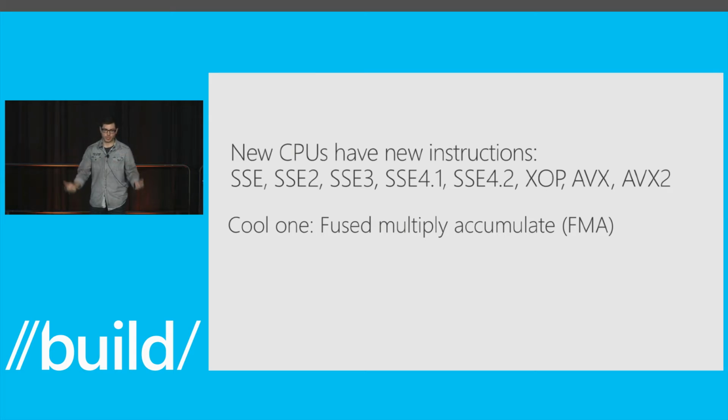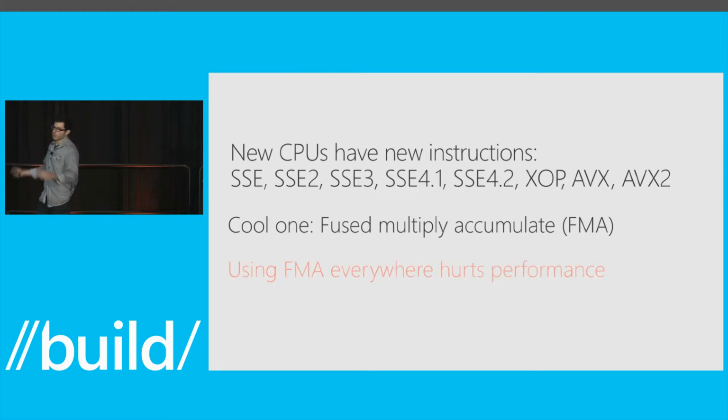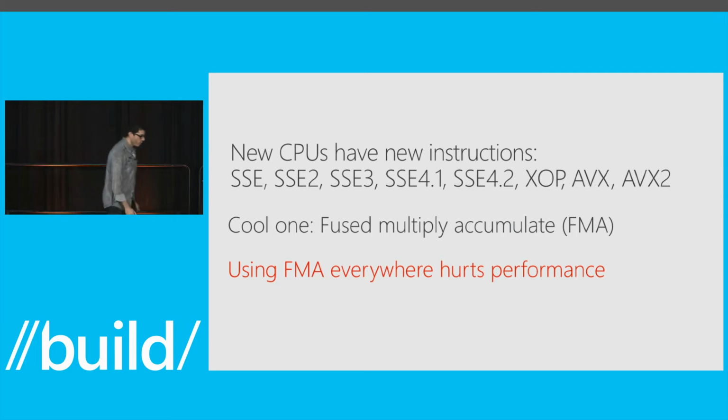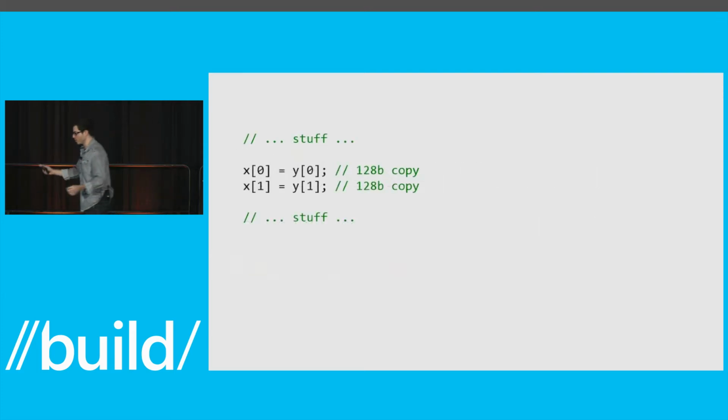So you get all this extra stuff for free. Right? This is a new instruction set that's in modern processors that's supposed to give you all this performance for free. Well, what if I told you that if you use FMA everywhere, it's going to be a detriment to performance? We'll touch more on that later.